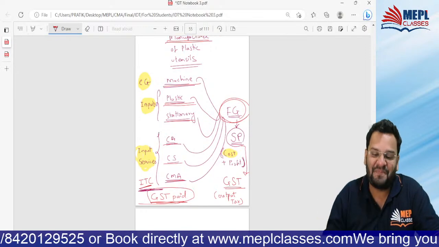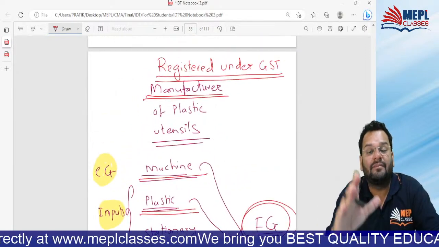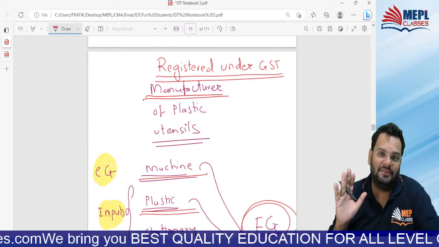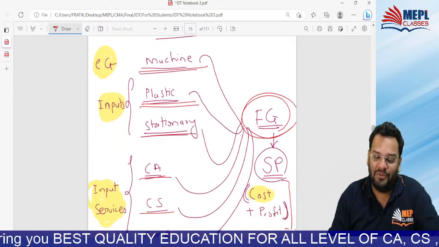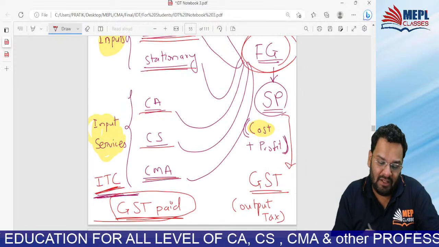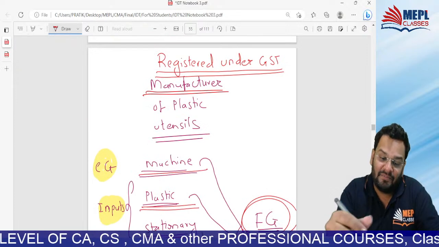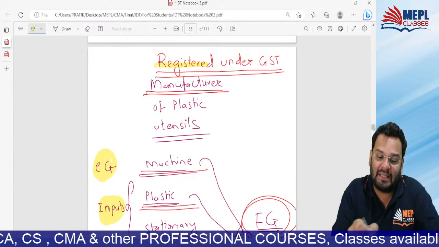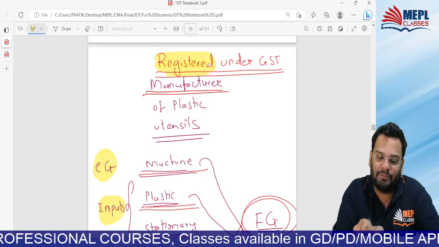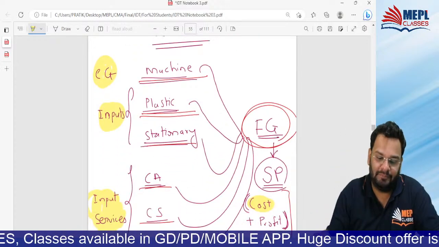Is it clear? So for claiming this input tax credit, there are conditions to be satisfied, which we have seen under section 16. Yes or no? For claiming this ITC, the conditions are given in section 16. Who can claim this ITC? Only and only a registered person can claim this ITC. Do you agree with me?